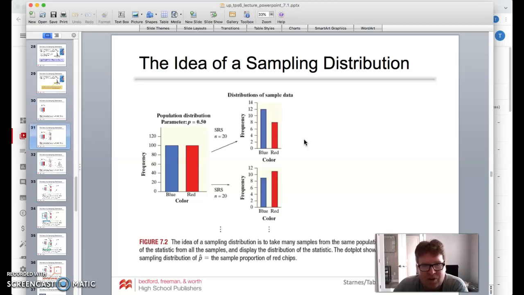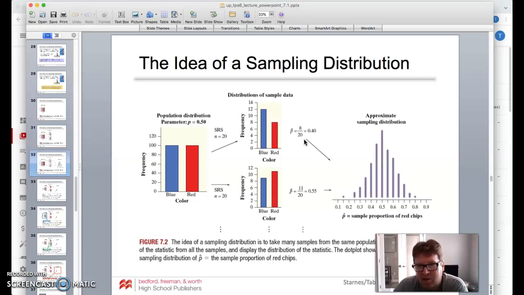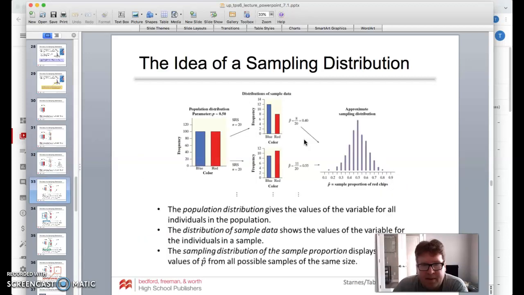We start with our population distribution. Here's some different sample data that we have. We can put that into a dot plot, which shows the sample proportion of the red chips. We see those distributions, and then we can make some decisions based on that. Now, the population distribution gives the values of the variable for all individuals in the population.